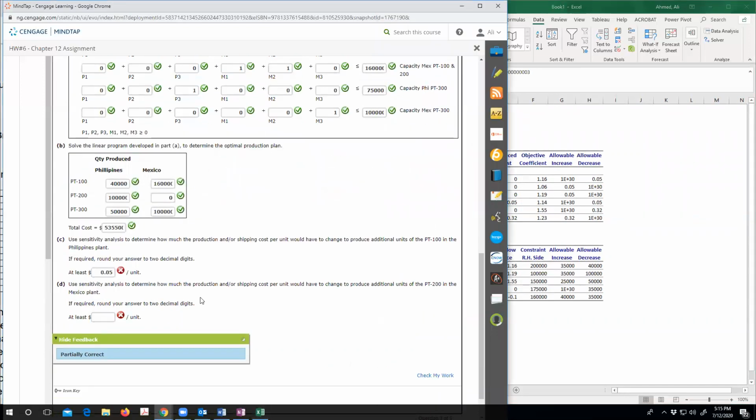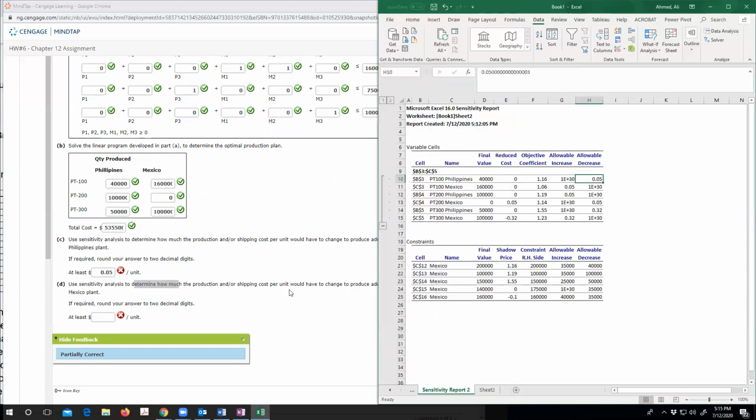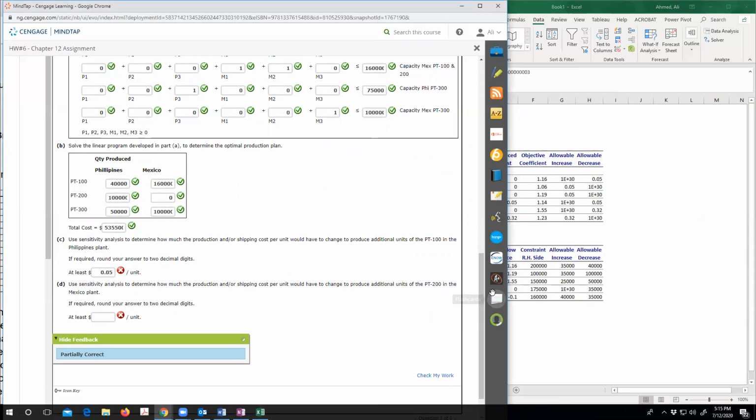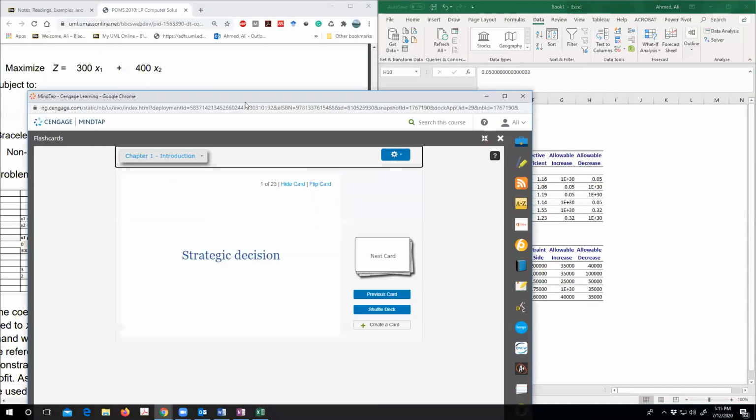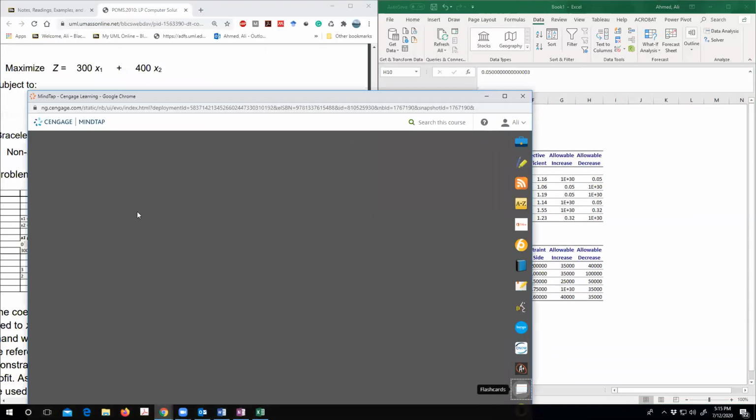And here they're asking us to use sensitivity analysis to determine how much the production cost or shipping cost per unit would have to change to produce an additional unit for PT200 in the Mexico plant. Oops, what really happened? All right.